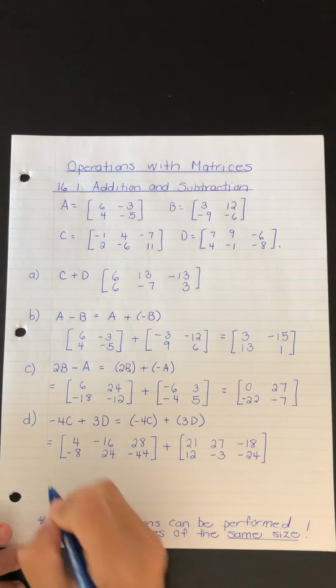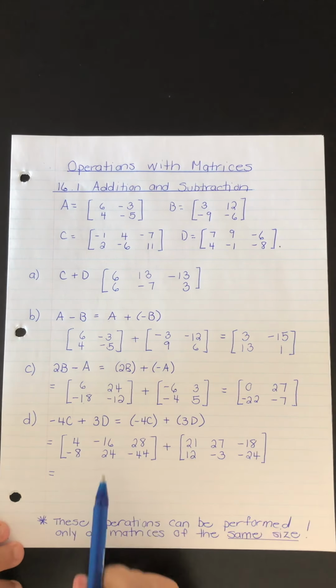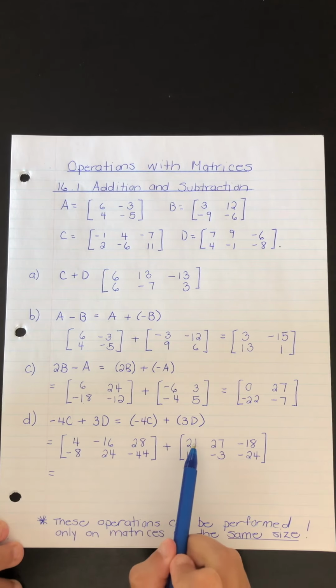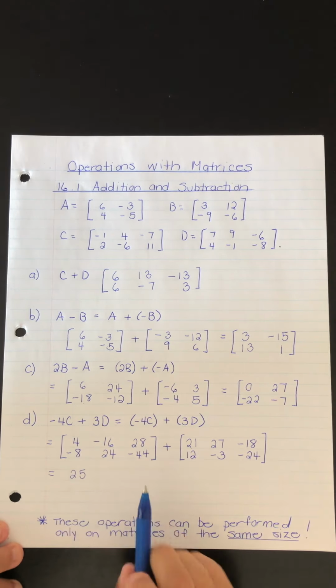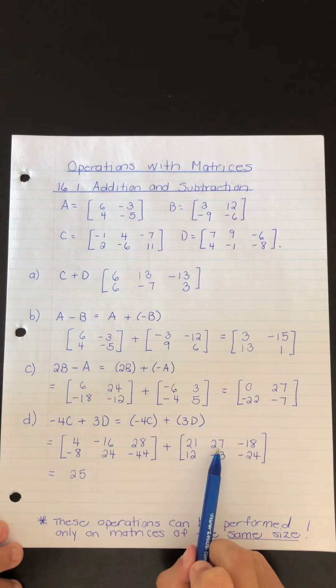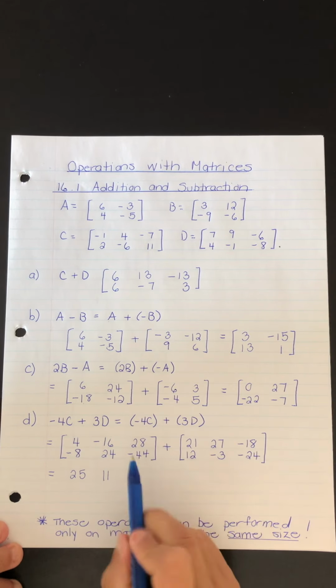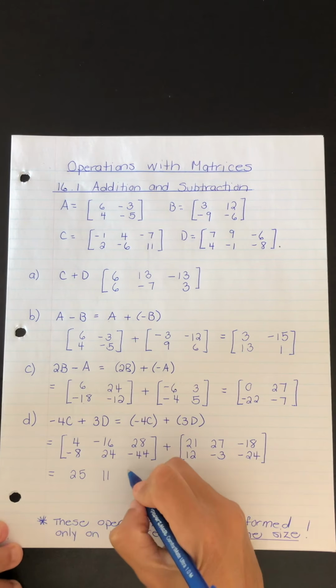Now we add in this way. 4 plus 21, negative 16 plus 27, 28 added to negative 18.